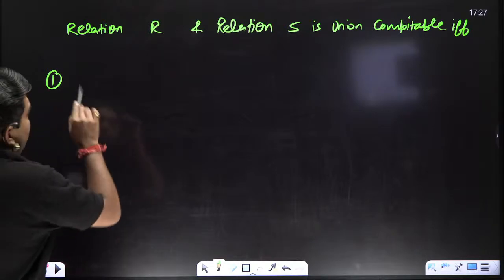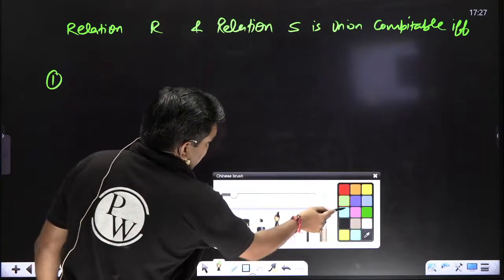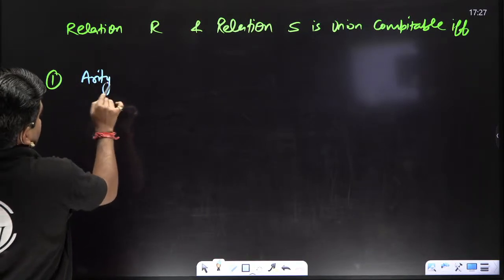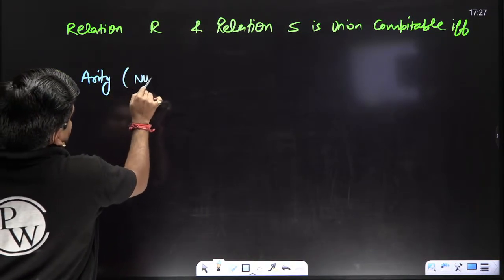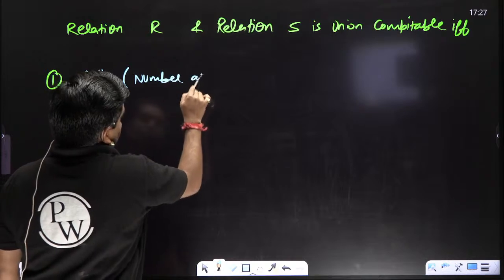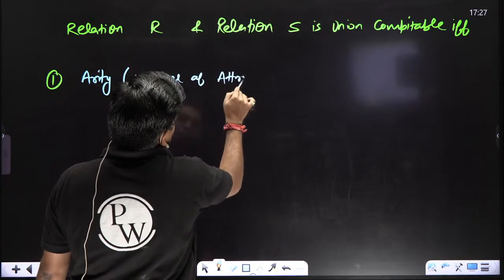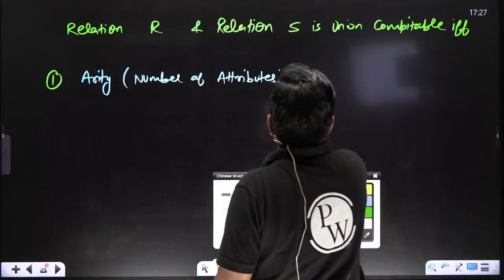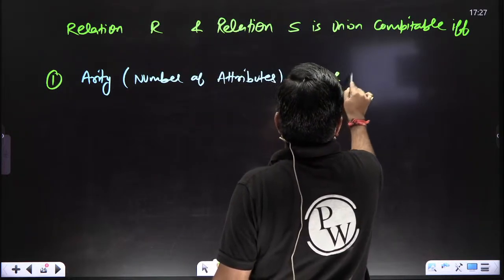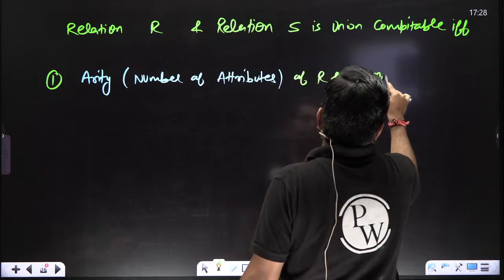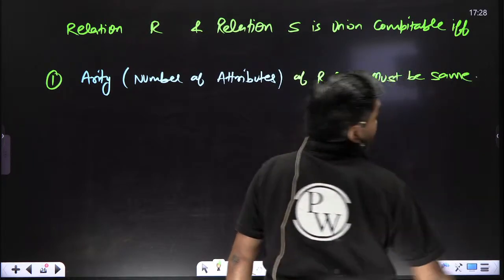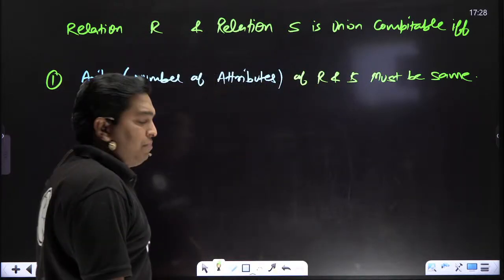So listen. First of all, to apply the set operators, arity must be the same. Arity means the number of attributes. Arity of R and S must be the same.